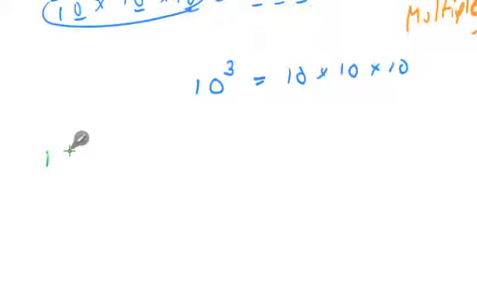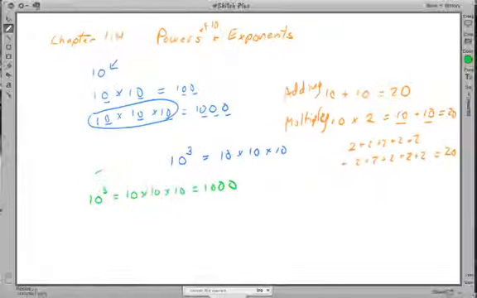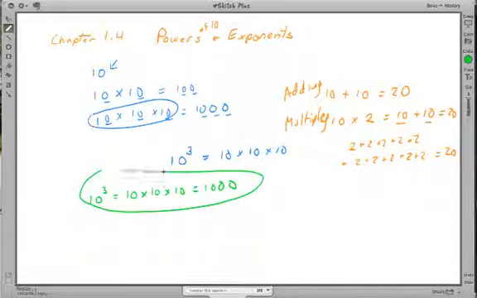So you see that 10 to the third power is really 10 times 10 times 10, which is 1,000. So 10 to the third power is 1,000, and we're just multiplying 3 times. When we multiply, we add over and over again. When we use powers and exponents, we multiply over and over again. And so that's really the big difference. You're going to have to kind of zone in on that and figure out how that works.